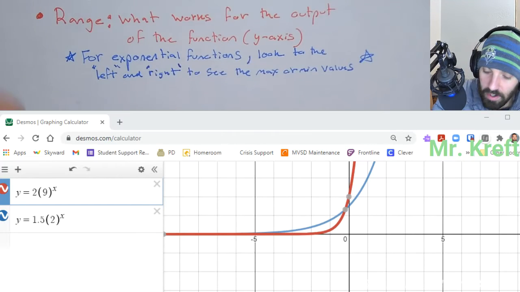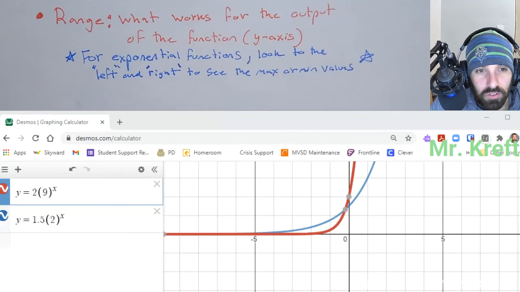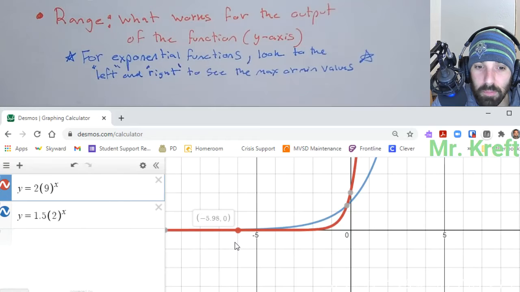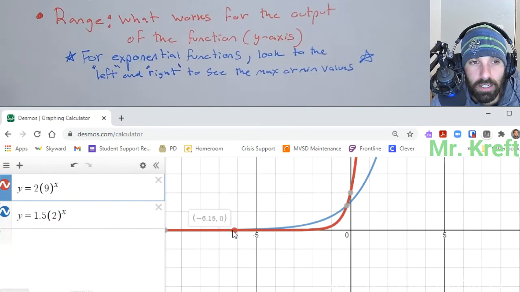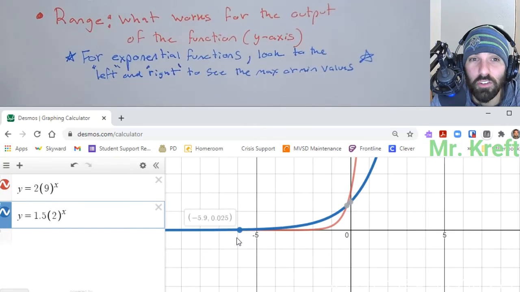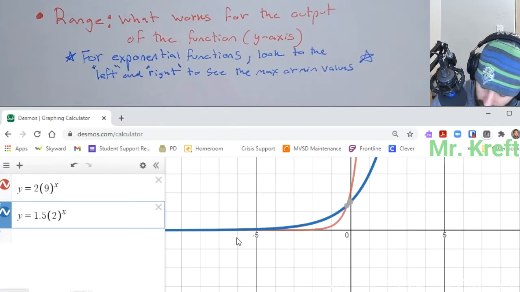In our case, notice that for both of these, if I go to the left, it approaches a minimum value. It approaches a low value. The output here is reaching 0, and for the blue one, the output is reaching 0. That's the lowest possible point.